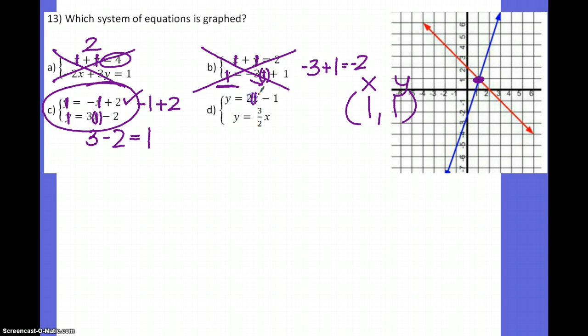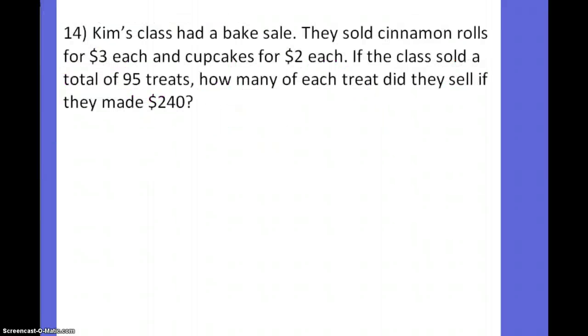If you try it on the last one, 2 times 1 is 2, minus 1 more really is 1, but 3 halves times 1 on the bottom equation is still 3 halves, and that's not 1. So the final answer here is C, because those equations work for the graph. If you plug in the solution, it works in both.